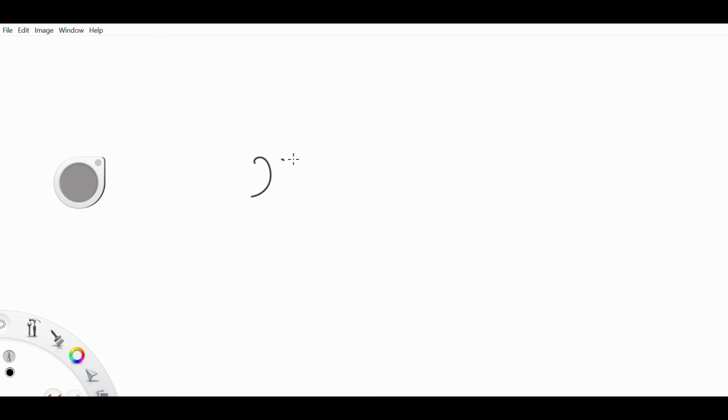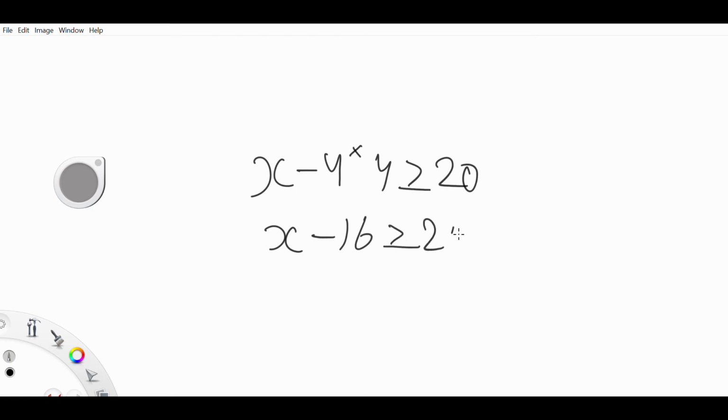Let's solve this one. x minus 4 times 4 is greater than or equal to 20. For solving this one, we have to remember BODMAS. So x, and then we'd have to multiply these first. So negative 4 times 4 would be minus 16, greater than or equal to 20.